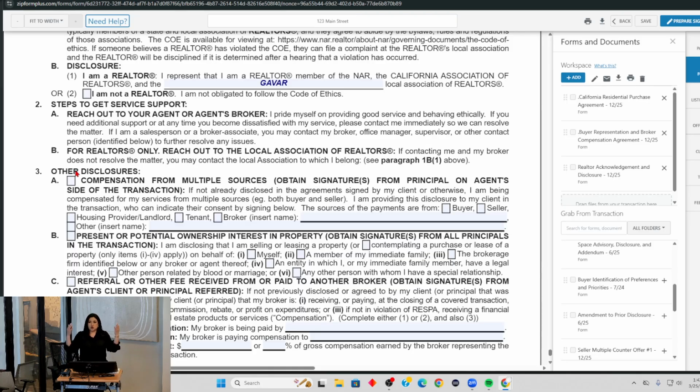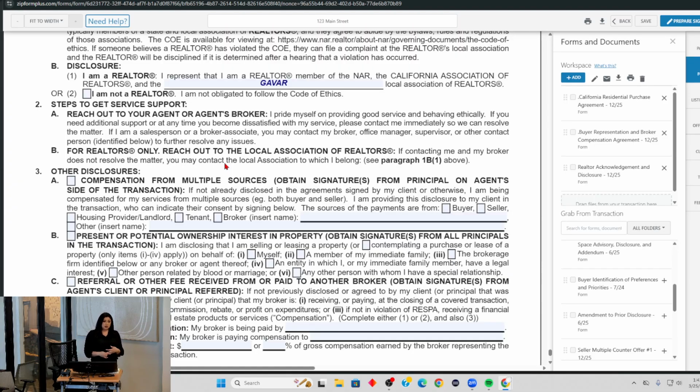They just know that you are the face of that transaction and that's it. However, here it explains to them that they are more than able to reach out to their agent or their agent's broker, and also to the local association if they need to. Those are the most common things they don't know they have access to.